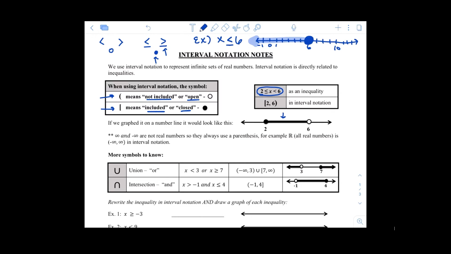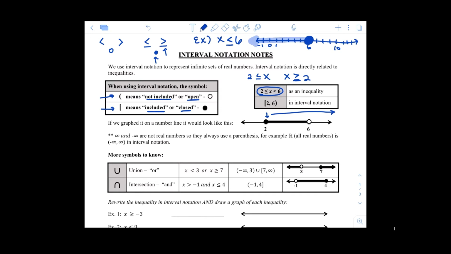Let's talk about why. If 2 is less than or equal to all of the x's, every x we have is greater than that 2. So it's going to be to the right of it. Now, it got a closed circle because it was solid. So that's this portion, and that's shading to the right. Why does the shading stop?